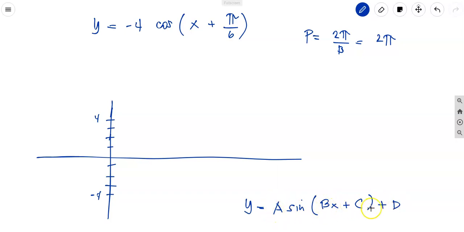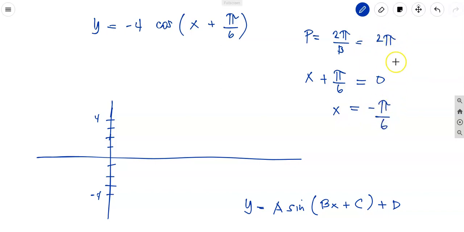So we look at amplitude, period, horizontal and vertical shift. We don't have a vertical shift here. We have only horizontal shifting, which gives us x plus pi over 6 equals 0. Therefore x is equal to -pi over 6.